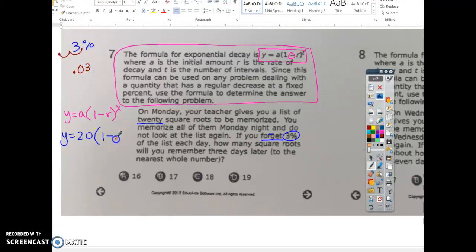So 1 minus 0.03 to the power of x. How many square roots will you remember 3 days later? So you're going to put this equation in y equals, second graph, and you're looking 3 days later. So on your table, you're going to look for 3 days later. How much does it give you?